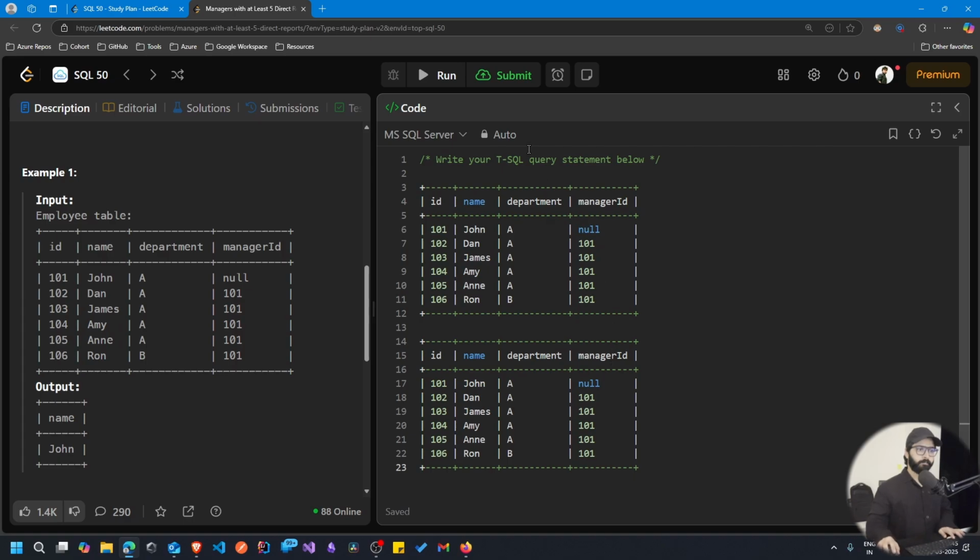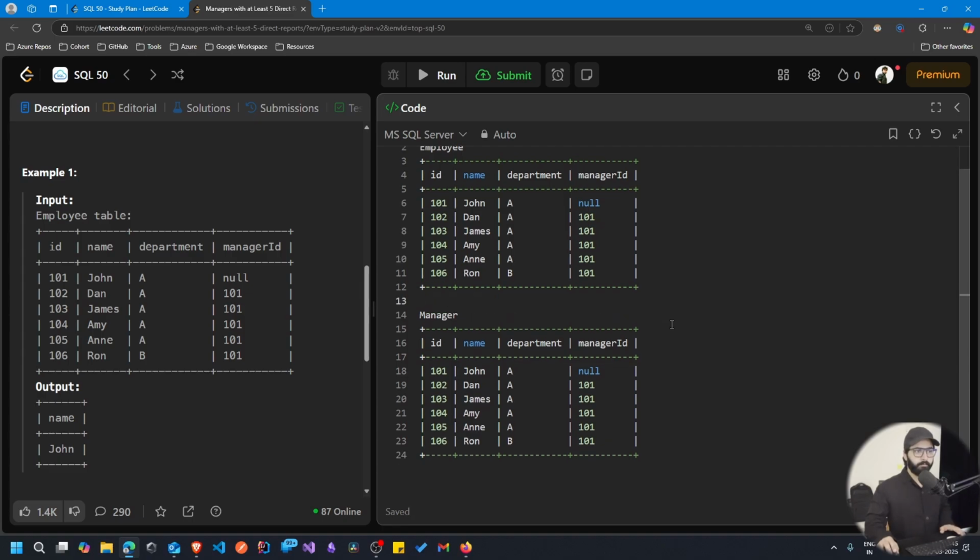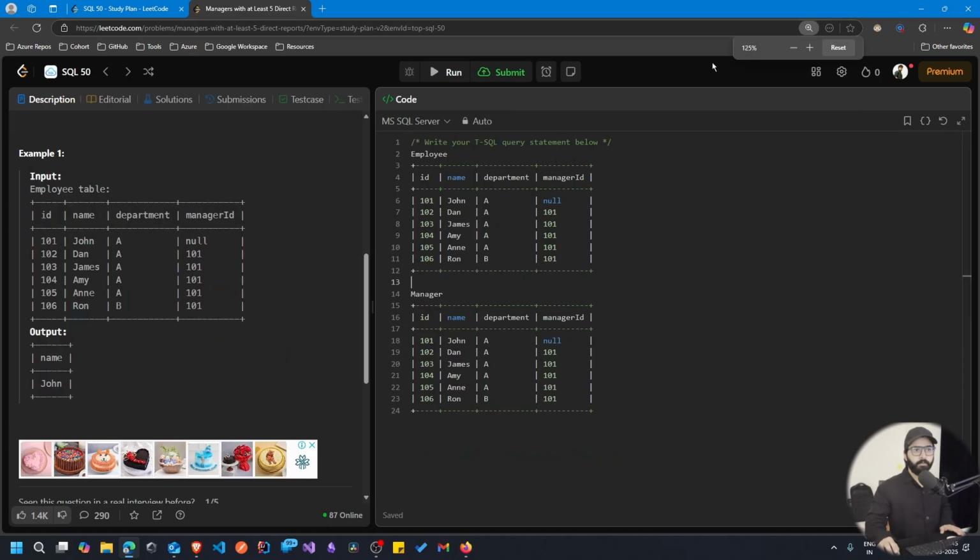Let me consider this one as an employee table and the one below as a manager table. Now we have employee and we have manager, and we have to find the manager.